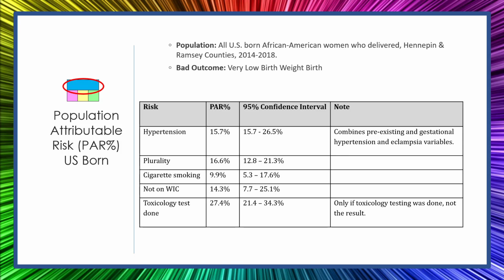So in addition, we decided to look at some variables in the birth record that might be associated with substance use. We know that substance use is a risk factor for preterm labor. So we looked at the administration of tocolytics to prevent preterm birth and then compared that to whether or not a mother who was given tocolytics was also tested for illicit drugs. 39% of US-born Black women where it indicated tocolytics were administered also had toxicology testing.